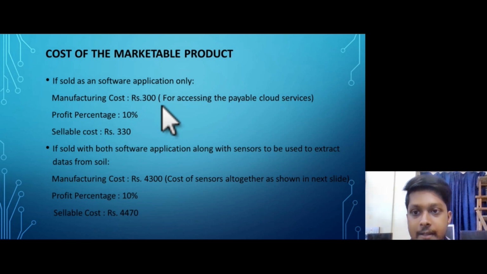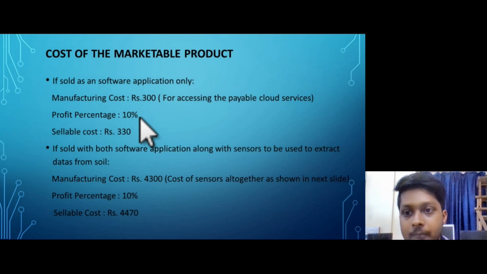For the software application only, the manufacturing cost we have calculated is around rupees 300. The manufacturing cost majorly deals with accessing the payable cloud services. Keeping the profit percentage at 10%, the sellable cost is around rupees 330.